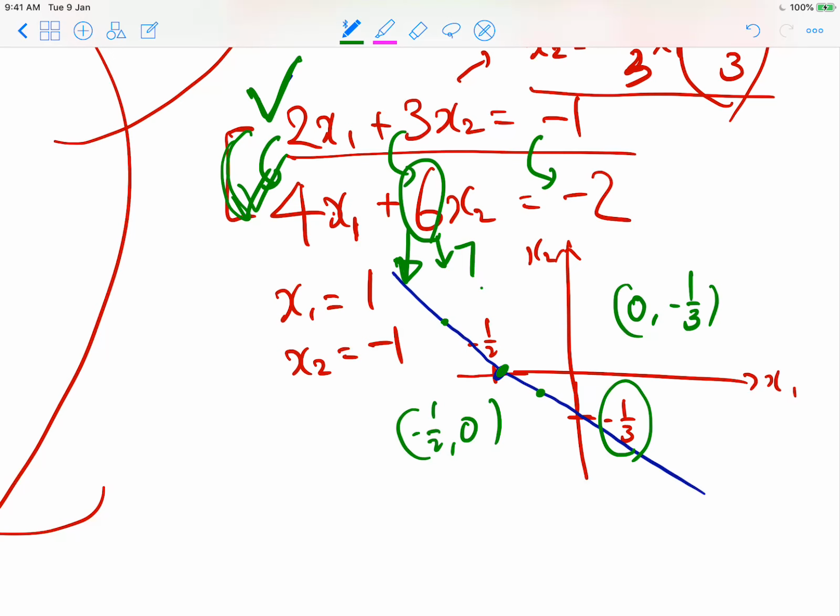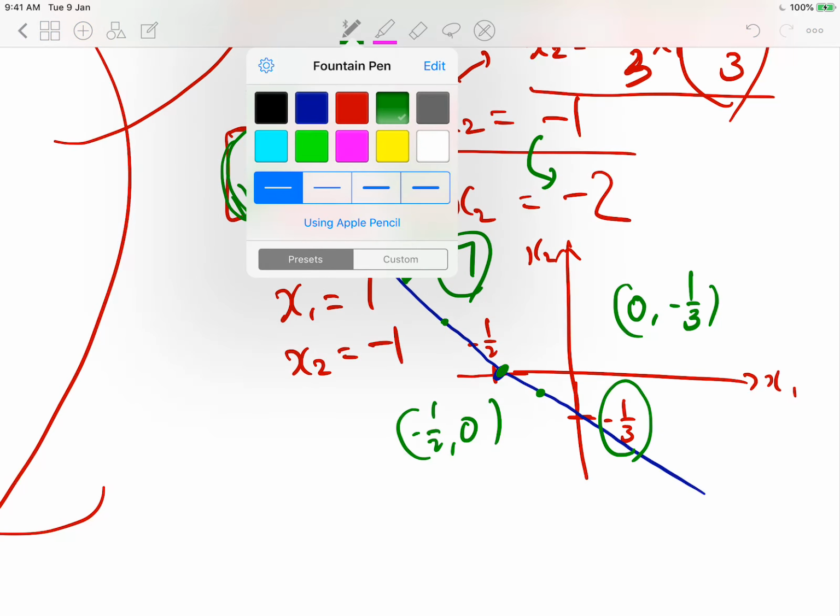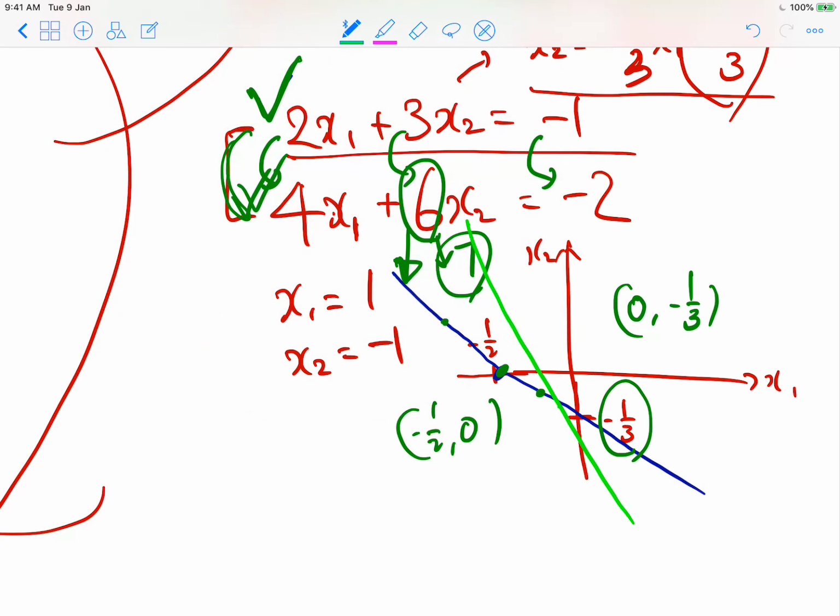But if those ratios are not the same, at least for one pair, then it will no longer be an overlapping line. So in this case, that line will be something like this. Okay, so we will usually have one intersection point, which corresponds to one single solution.